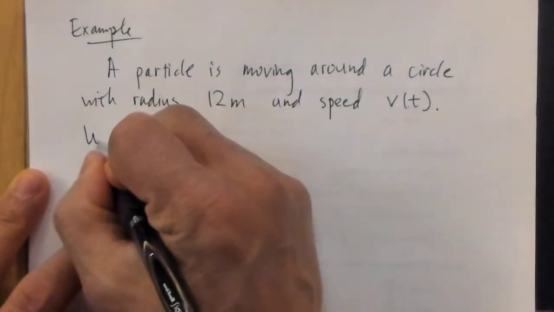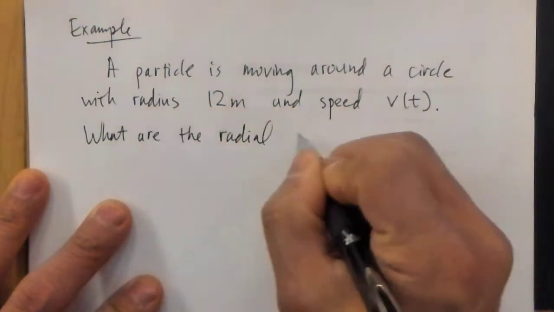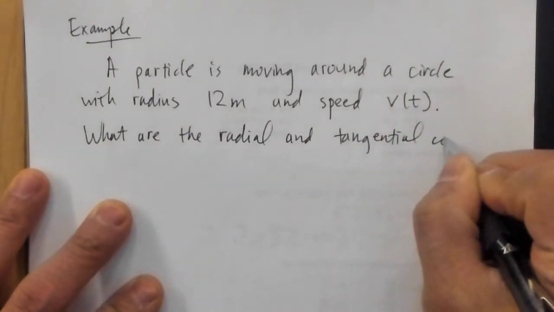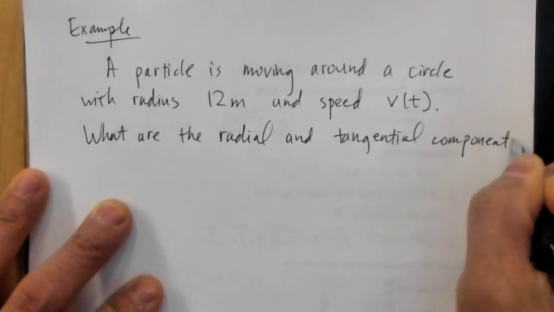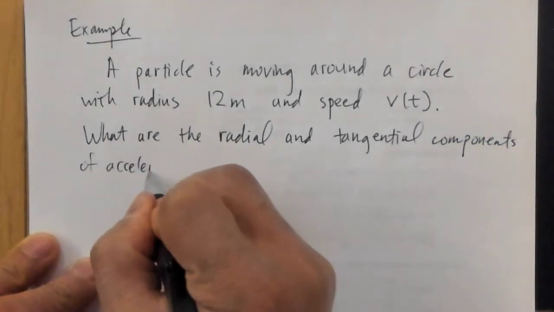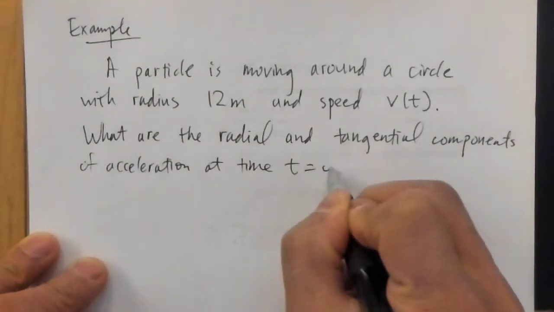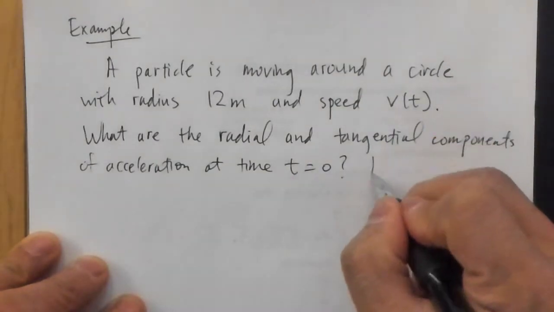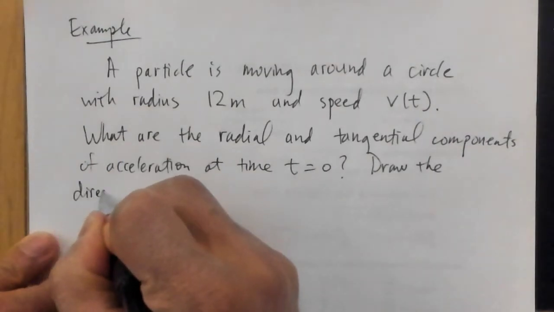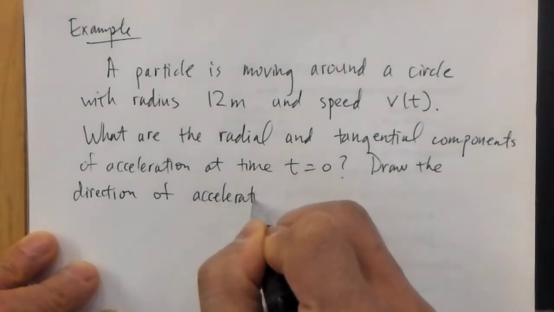So the questions are, what are the radial and tangential components of acceleration at time t equals to 0, and then also draw the direction of acceleration as a vector.